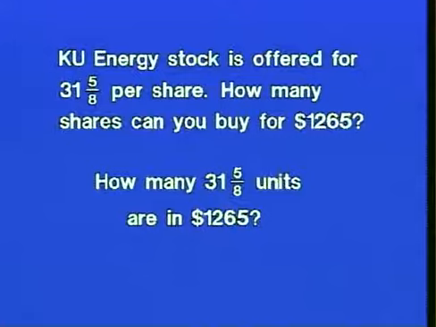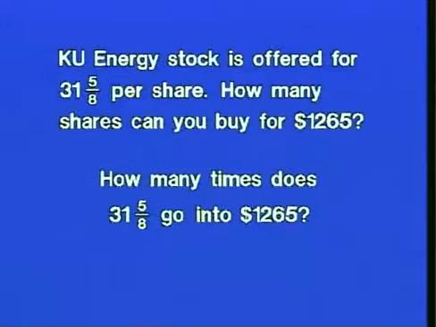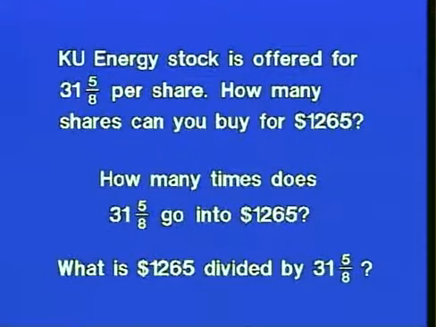You see, how many 31 5/8 are in 1,265? That leads us to think about, well, that means how many times does 31 5/8 go into 1,265? And the notion of 31 5/8 going into 1,265 means what is 1,265 divided by 31 5/8?